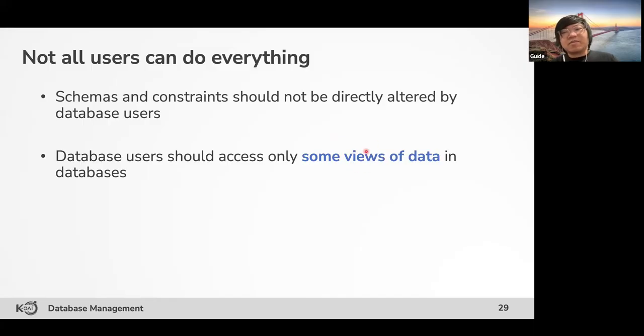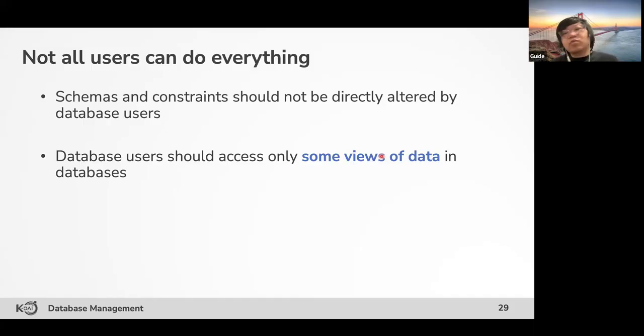You see this word, some views. This is also a terminology that you may want to remember. So even though the database has 10 tables, some users should be able to see only 5 of them, 2 of them, 1 of them.